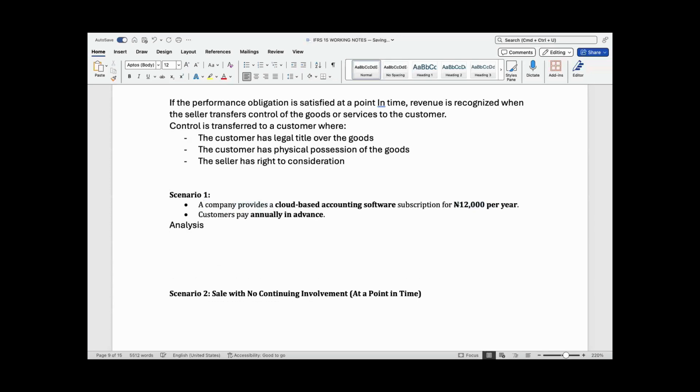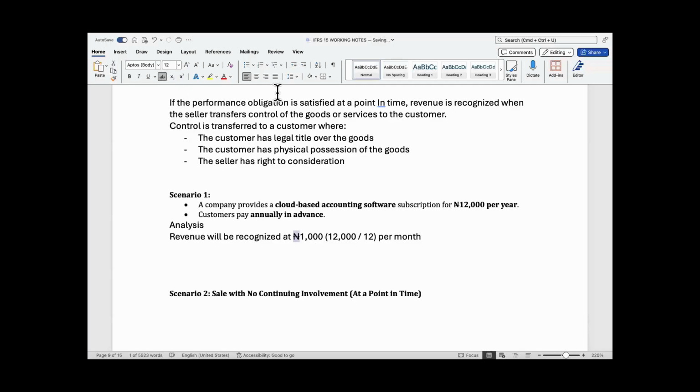So for this one now, revenue will be recognized at 1,000 naira, which is 12,000 divided by 12. So we just recognize 1,000 naira per month.